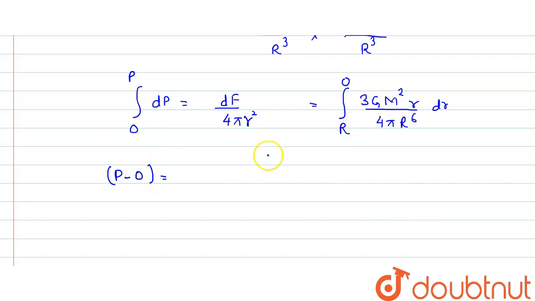Here we can take 3GM square divided by 4 pi R to the power 6 as common. Now it is just r into dr, and the integration of r dr is r square by 2. Now we put the limits from R to 0.